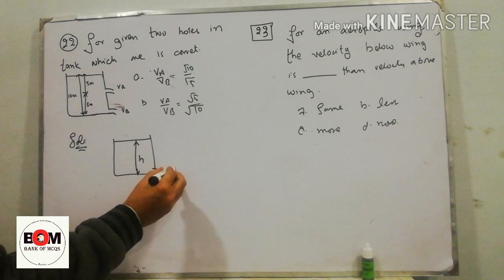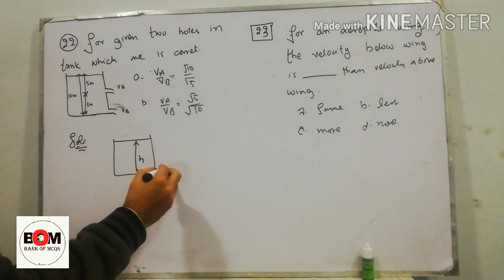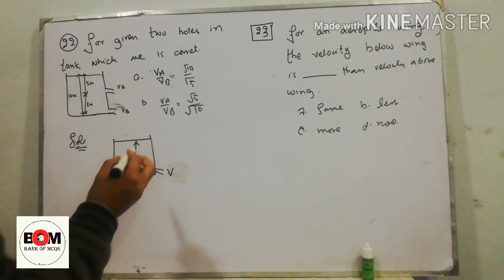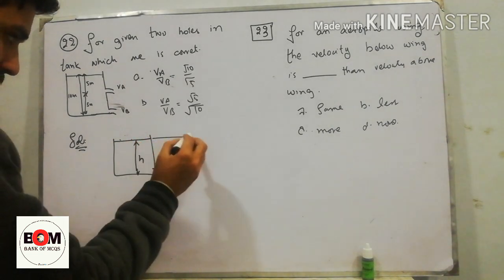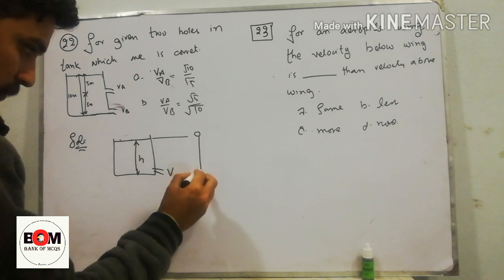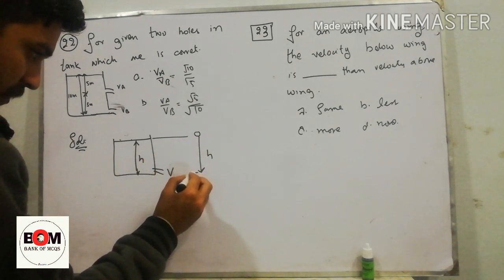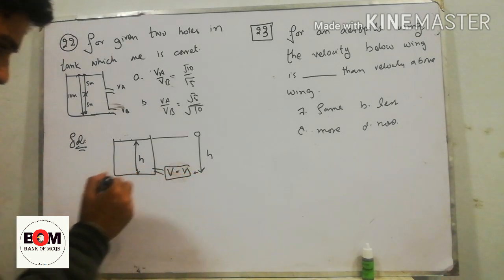To find the velocity at this point, we use Torricelli's theorem. Without going into that long derivation, we consider that water falls like a stone from height h, and the velocities are the same.